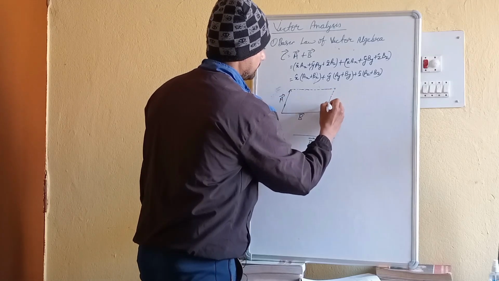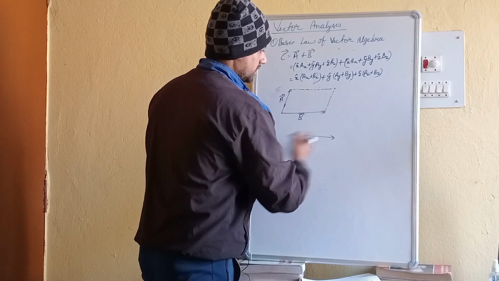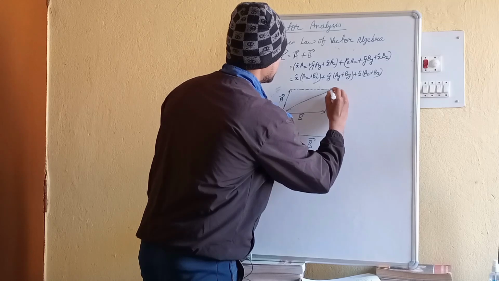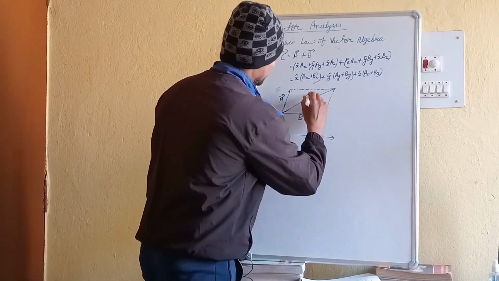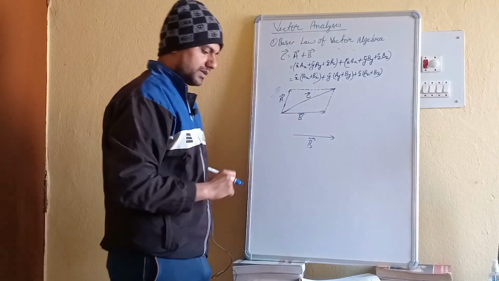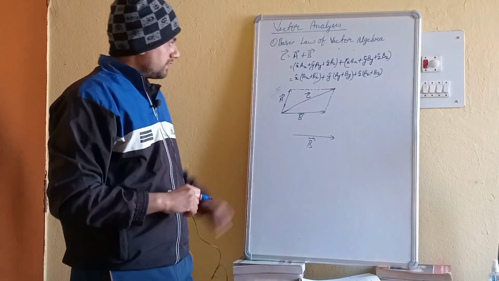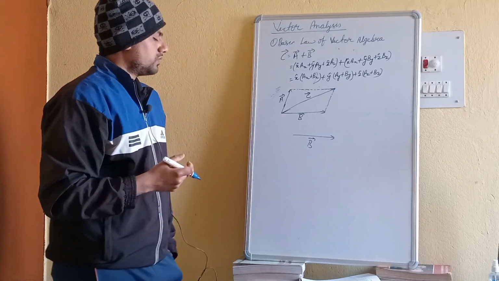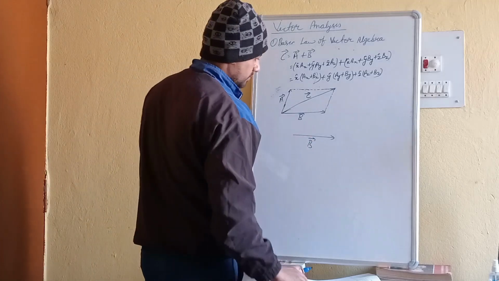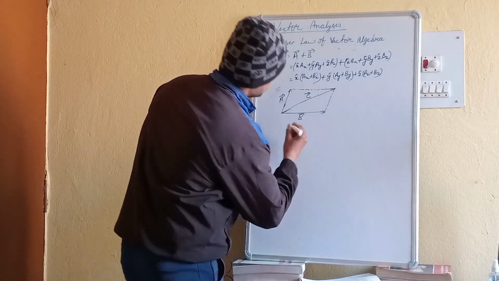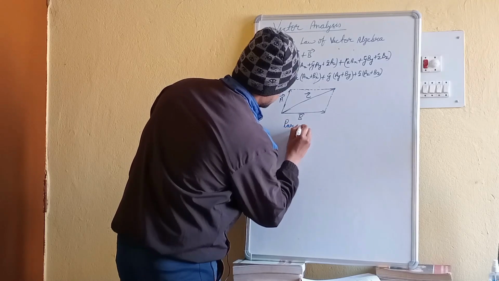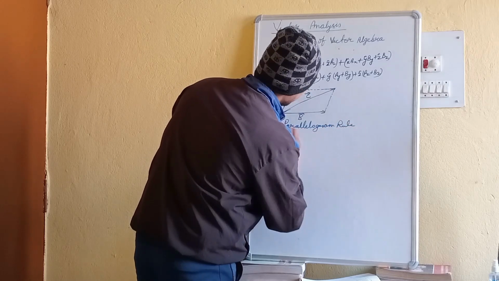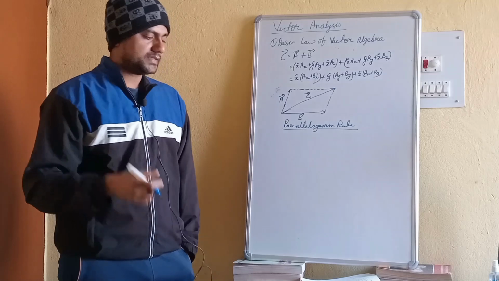If I do it like this, this side also becomes A, and this one is your vector C. Graphically, this is the way we can represent it. This is the parallelogram rule.